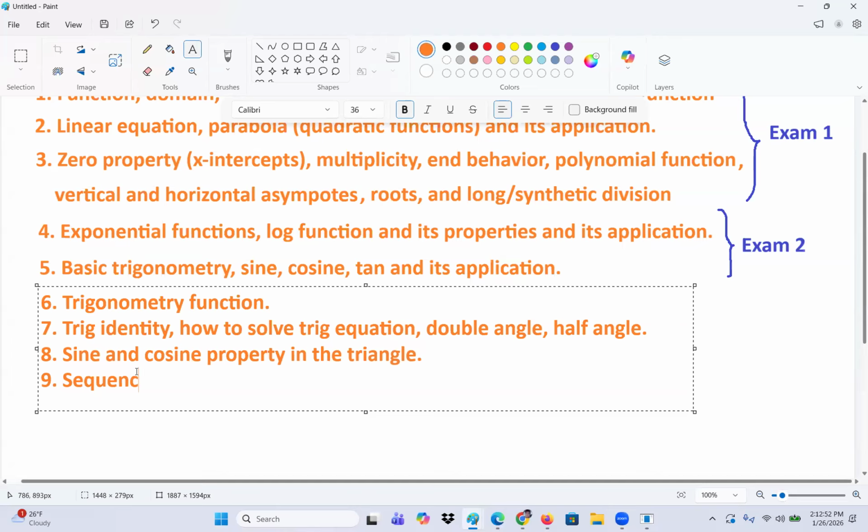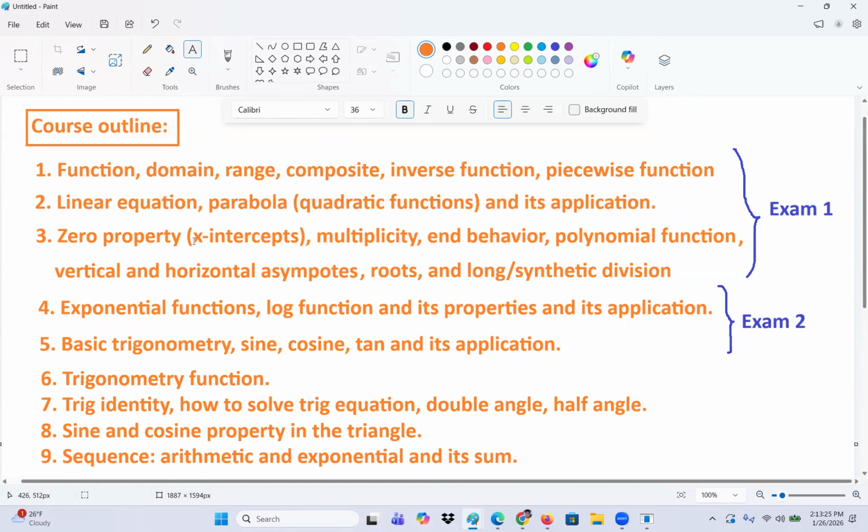So how useful sequences are, how we're going to read those, and the logic behind this, like arithmetic sequences and sequences and their sums. Okay, so all of this is going to be included on the final exam.